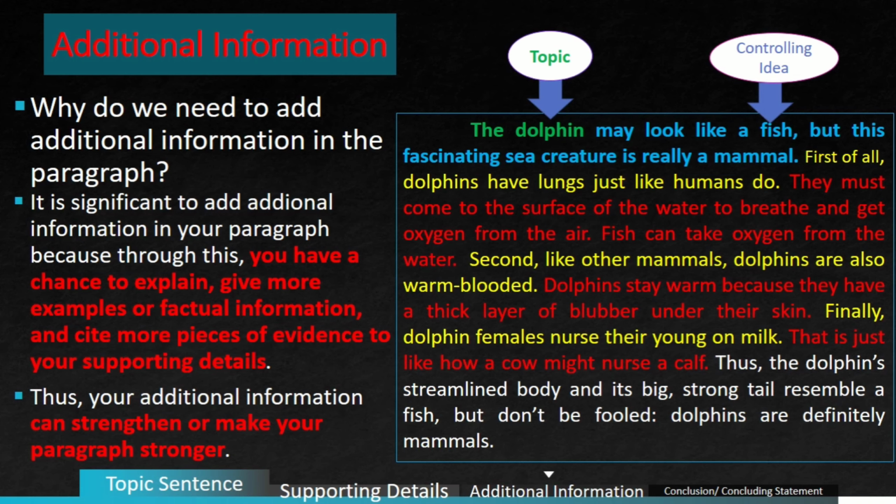Okay, so this statement is giving us an instance of how mammals like dolphins and cows nurse their young. Therefore, all these additional pieces of information are relevant to support the paragraph.